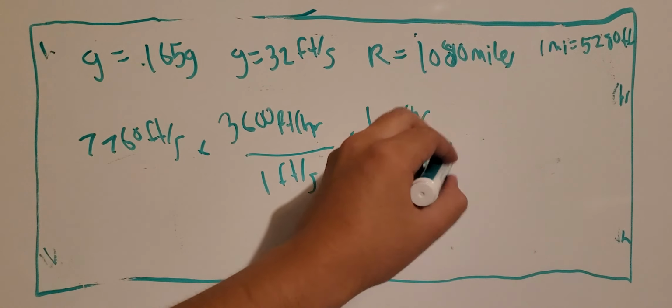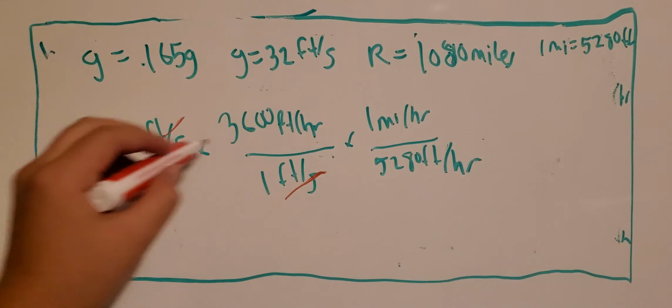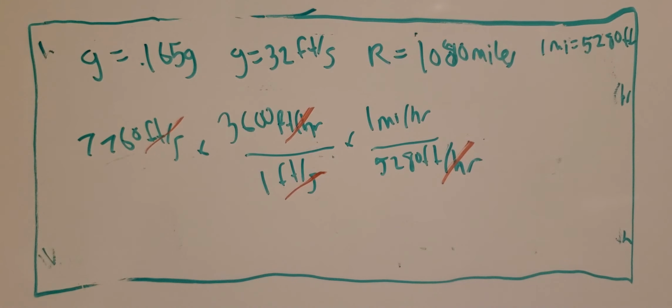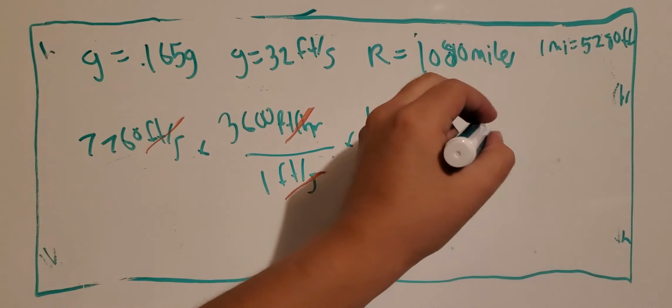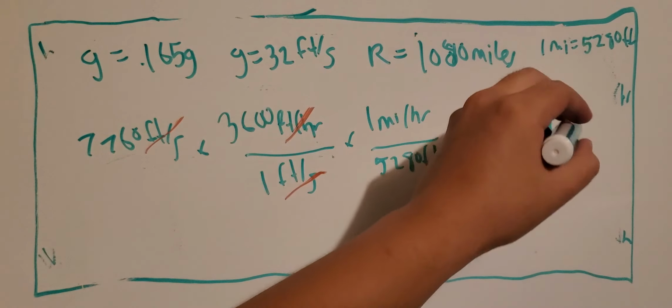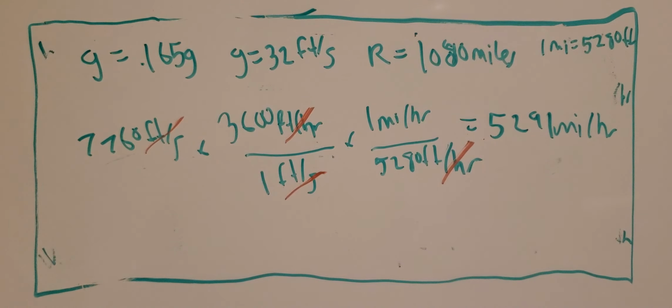Again, all these cancel out, and we're left with miles per hour, which will equal 5,291 miles per hour.